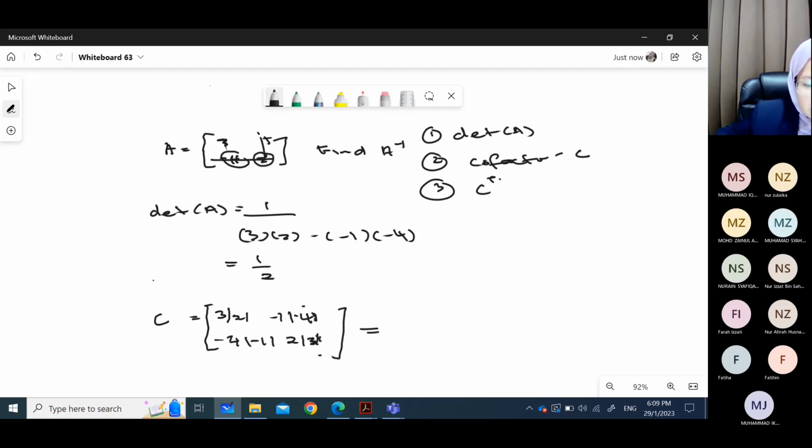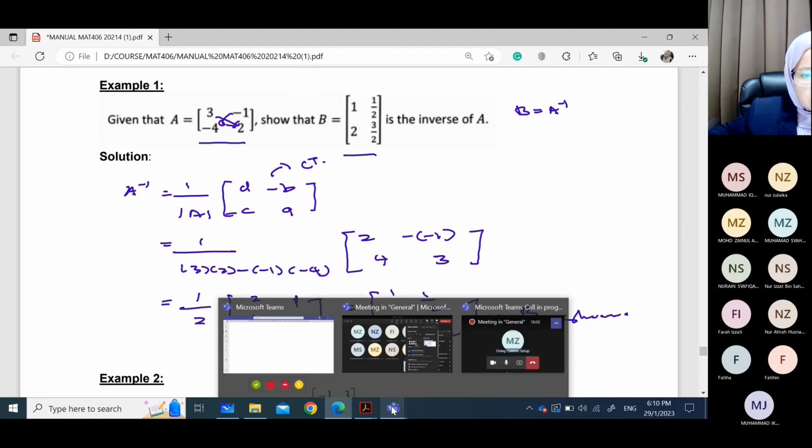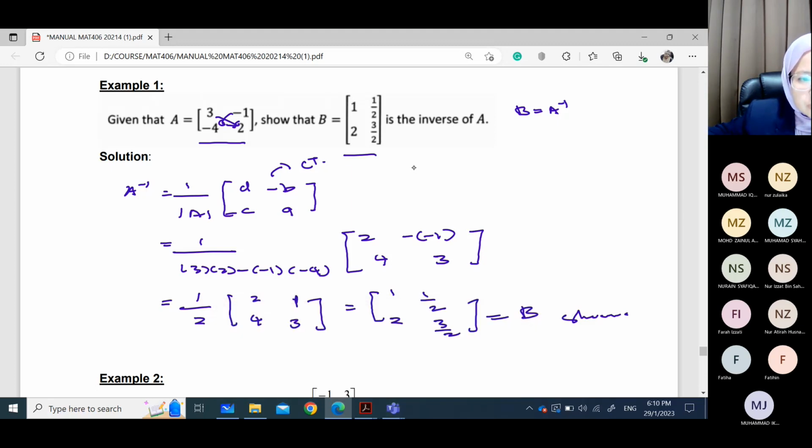Okay, so dia punya cofactor matrix dia adalah berapa tu? 3 times 2, which is 6. Check balik. Cofactor dia 2, 1, 4, 3 patutnya.